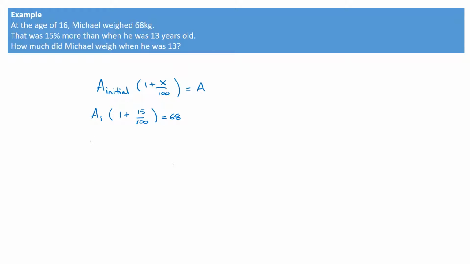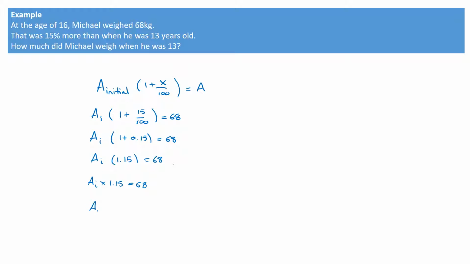That leads us to AI times 1 plus 0.15 equals 68, which leads us to AI times 1.15 equals 68. Now to find the initial weight, we divide both sides of this equation by 1.15.